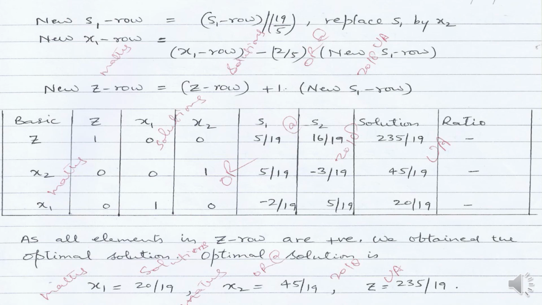It means we have reached our optimal solution, and the optimal solution gives us values x1 is 20 upon 19, x2 is 45 upon 19, and z value is 235 upon 19. So we got our solution, and the objective function value is maximum, which is 235 upon 19. Thank you.